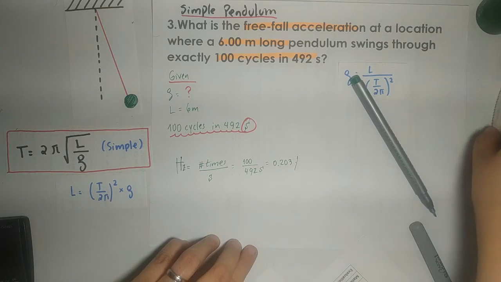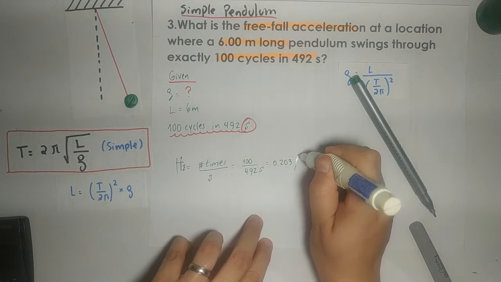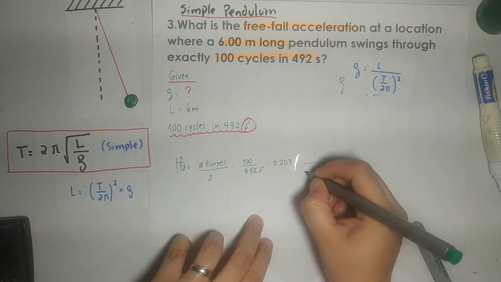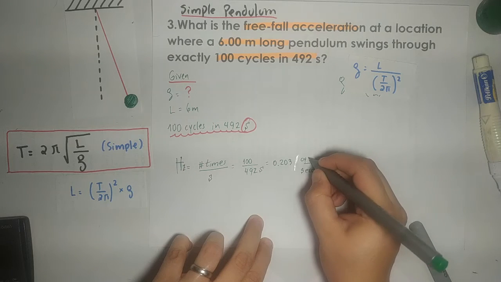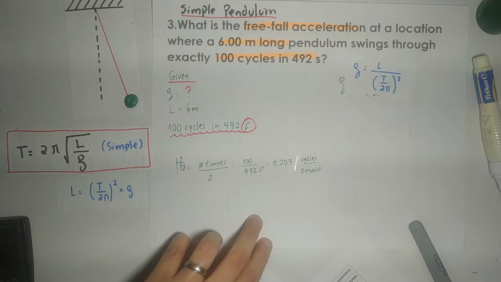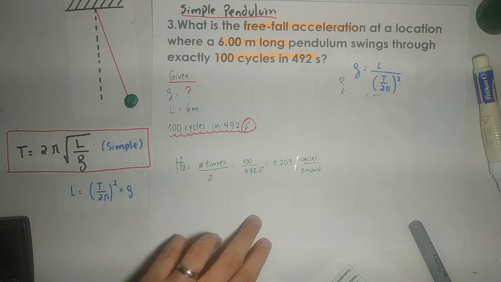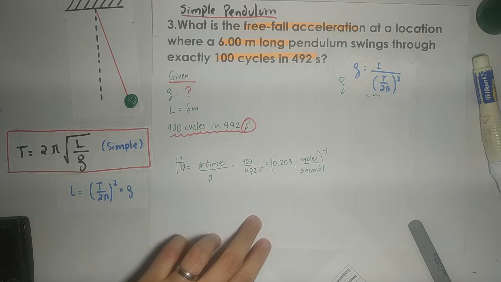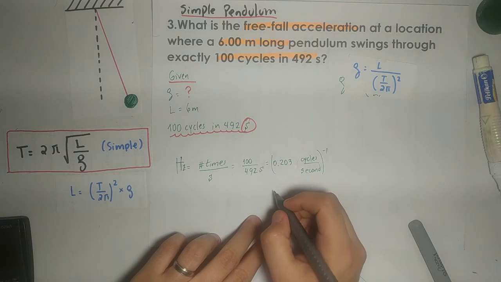In this case, we're talking about cycles, so cycles over second. Now, how can I get seconds? Raising it to the negative first power.